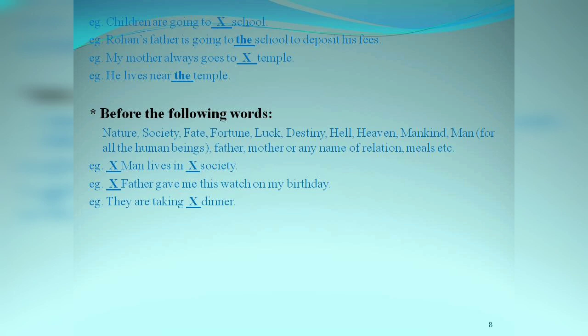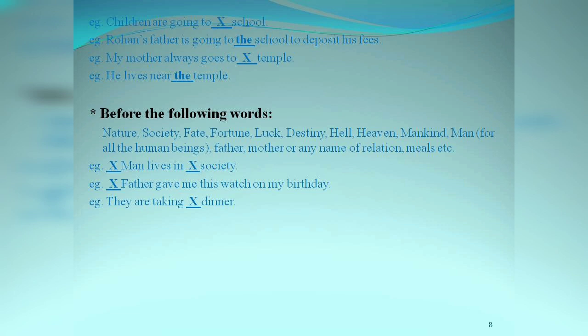He's not going to school for studies. Therefore, the. My mother always goes to temple. So in this sentence, the term temple has been used for the same purpose for which this place has been constructed. Therefore, zero article.